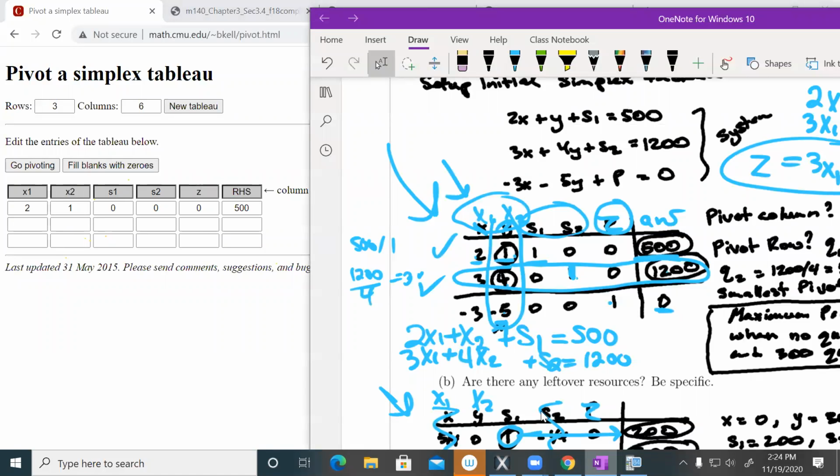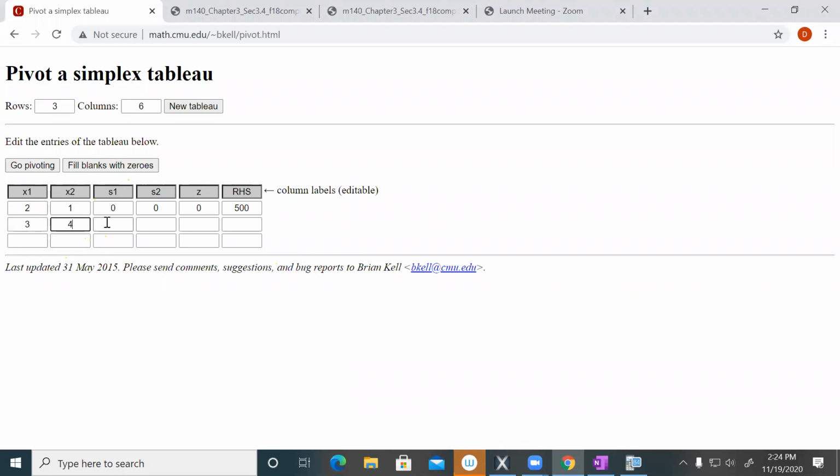Second row: 3, 4, 0, 1, 0, and then 1200. And then give me the bottom row: -3, -5, 0, 0, 1, 0.